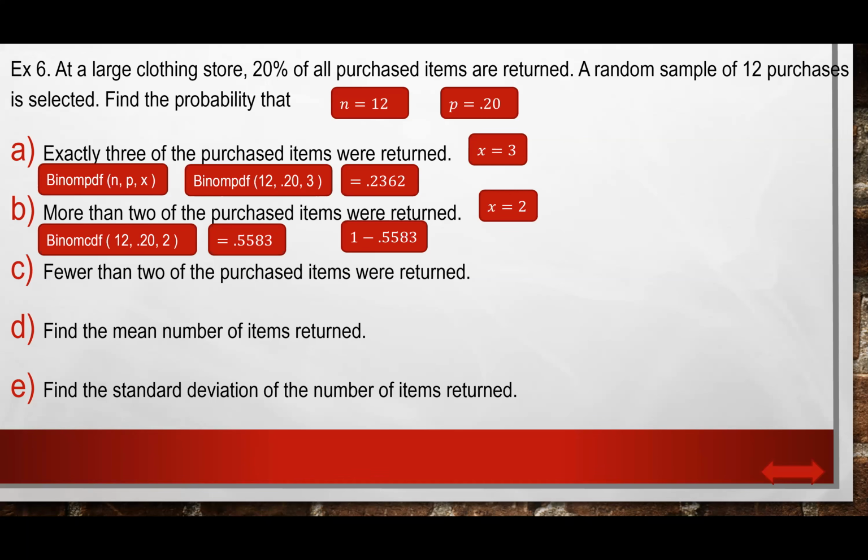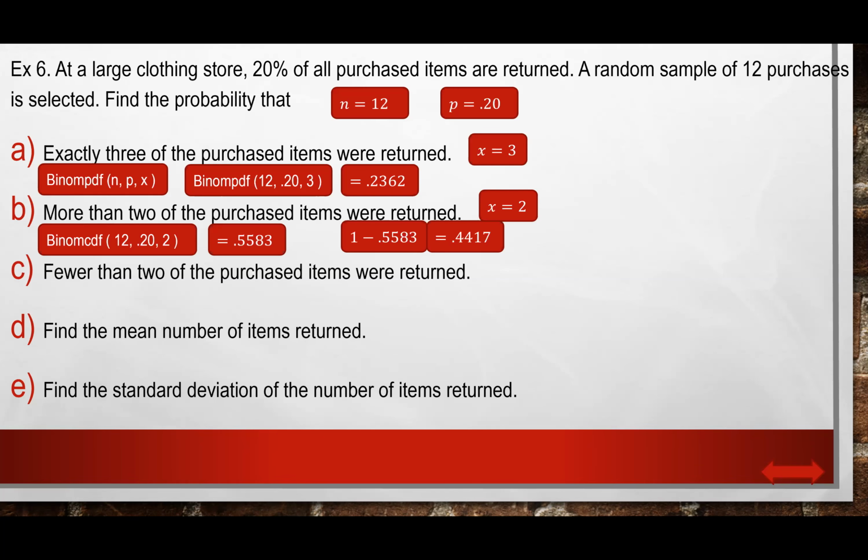So what we need to do is take 1, which is the maximum probability, minus the answer. If we take 1 minus the answer, we have 0.4417, which is the probability to the right, the probability of more than something.